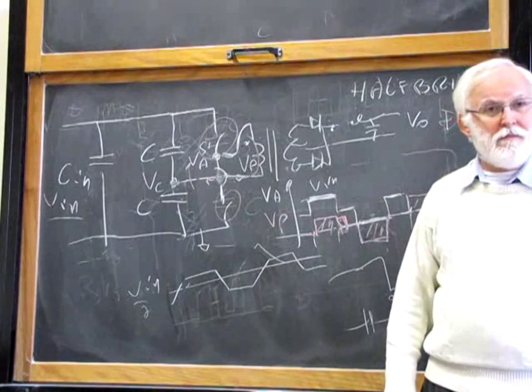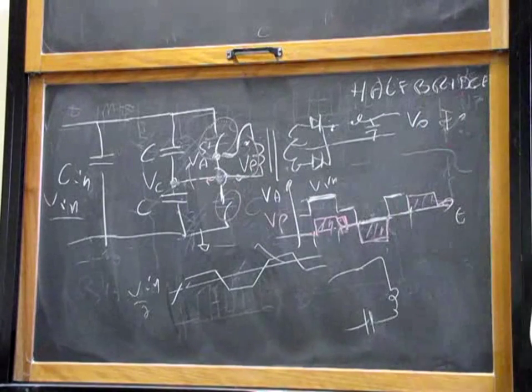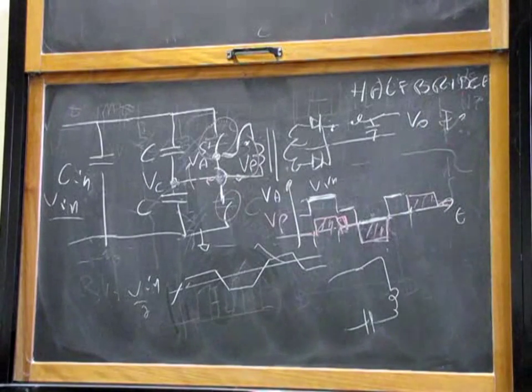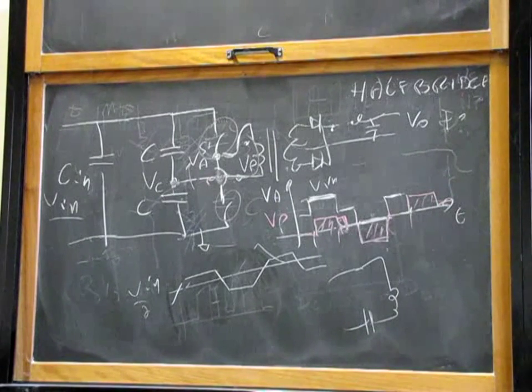Okay? That's good. And you can find all the switches. Let's just remove one possible error from this design. Do we control it in voltage mode or current mode? Can we control it in current mode? No way. Absolutely forbidden.